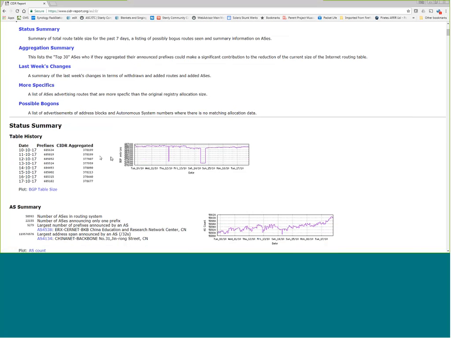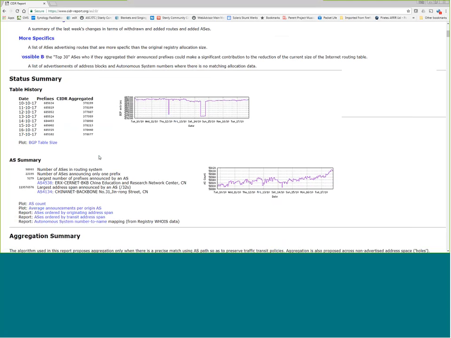Good question. Notice here, folks, the number of autonomous systems in the routing system is 58,993, as of today, 10/17/17.